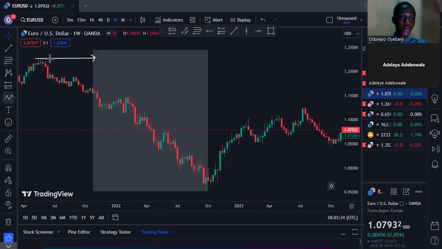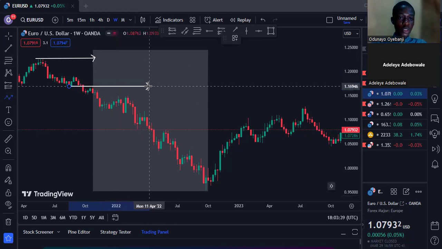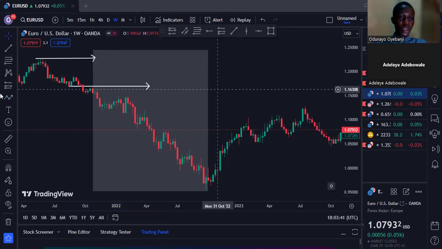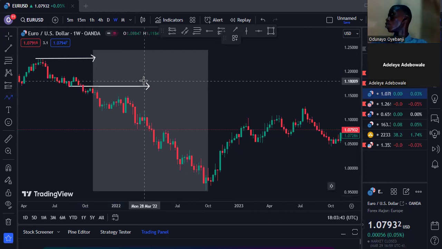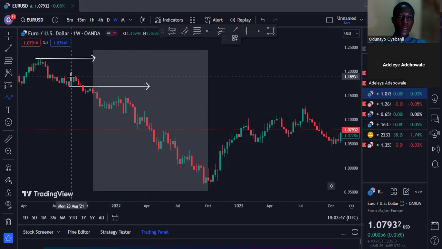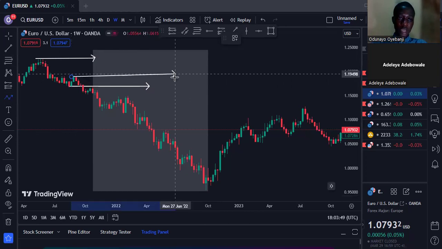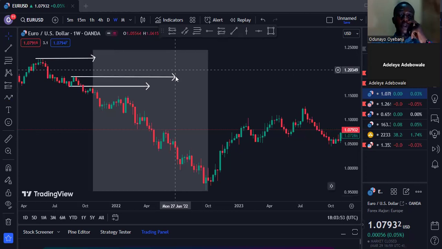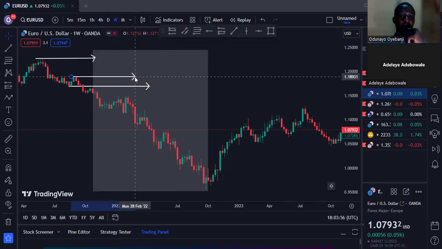Then we came down and we saw a low. Then we went up and we saw a new high, but this new high was lower than the previous high. Do you get me?